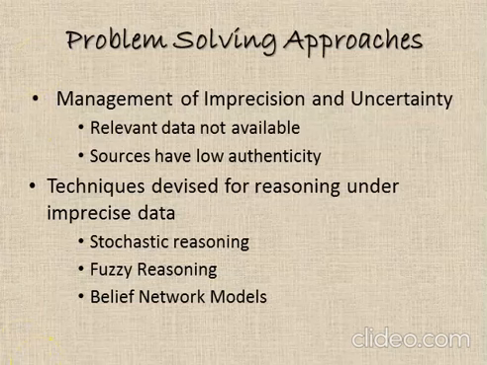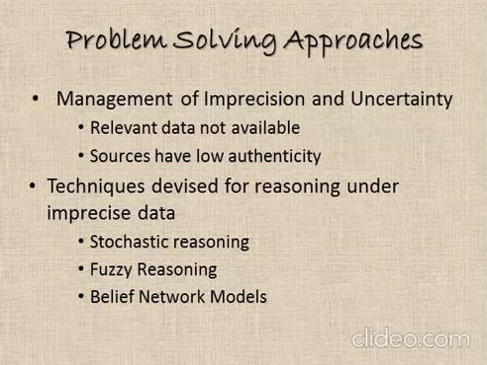With the stochastic and fuzzy values, we can update the facts which are embedded in the belief network. We should reach an equilibrium state. These values, the stochastic reasoning probabilistic values and the fuzzy reasoning values, should be applied to the facts available in the belief network model, and we should reach an equilibrium state.